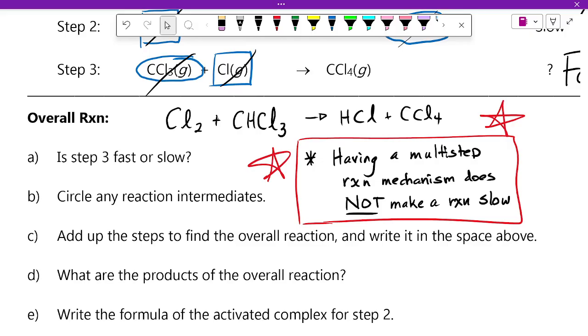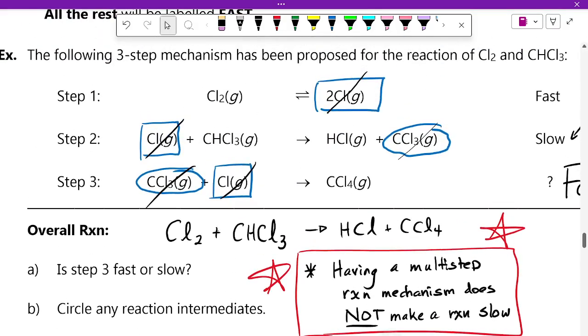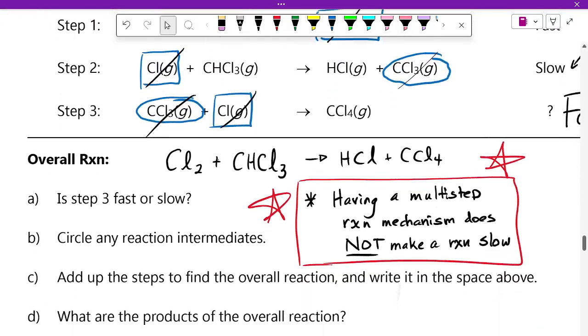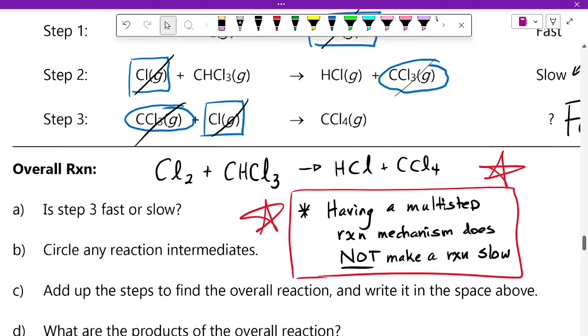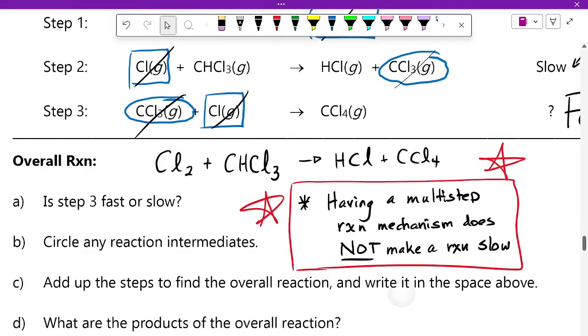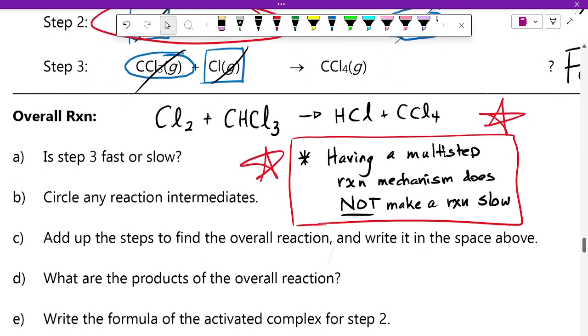Right, the products of the overall reaction, we did that. Write the formula of the activated complex for step 2. What would the formula for the activated complex of step 2 be? It would be CHCl4 with a star.